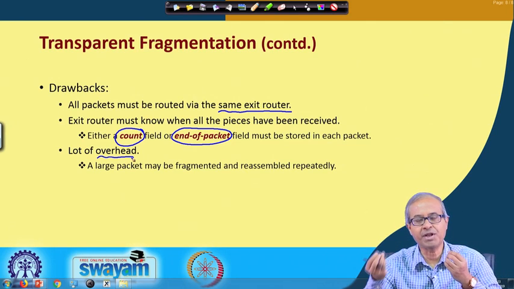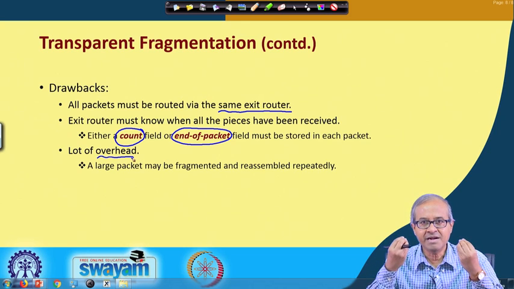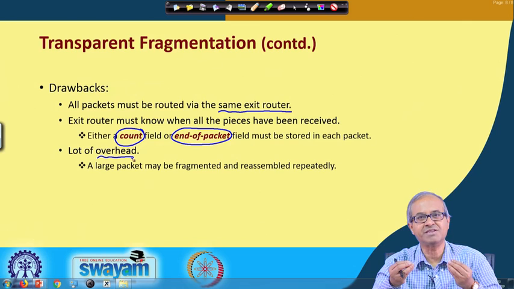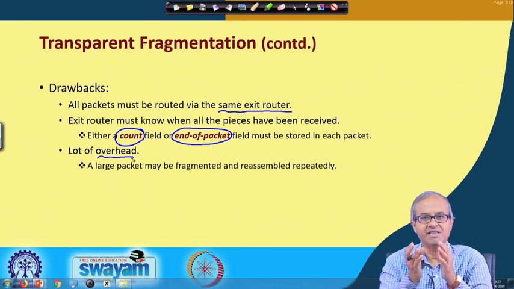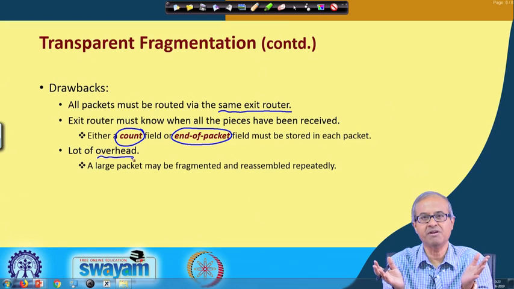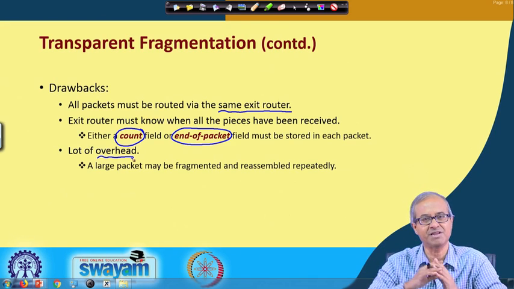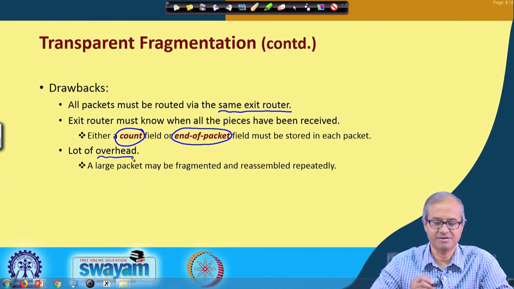One is you are putting more burden on one particular router, and secondly, after fragmentation, the exit router must do a reassembly. So, if this packet flows through multiple networks, there will be multiple possible fragmentations, multiple reassemblies, again fragmentation, again reassembly. So, the amount of overhead is much higher here. Okay.